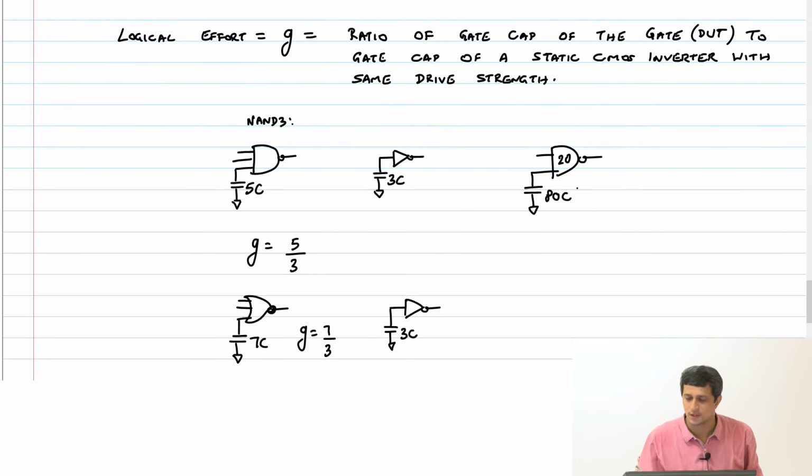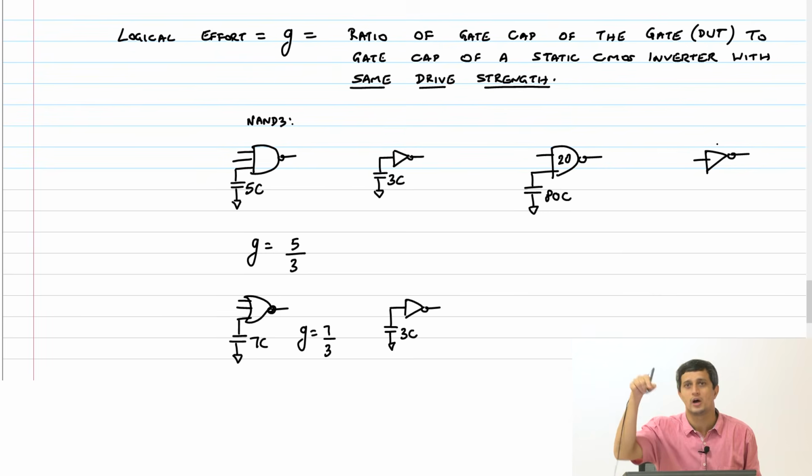Same thing, because you have to underline this part of the definition: compared to a static CMOS inverter with the same drive strength. So if I want to compare this with an inverter with the same drive strength, the inverter should also be stronger by the same factor.